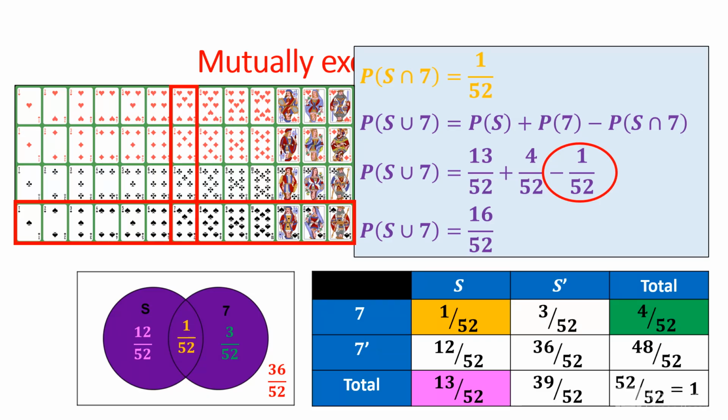We've only got 13 spades and 4 7s, but one of the 7s is a 7 of spades. So that's why we take away the 1 out of 52 to get us down to 16 out of 52. So the probability of getting a spade or a 7 is 16 chances out of 52. There's 16 cards that are either spades or 7s.